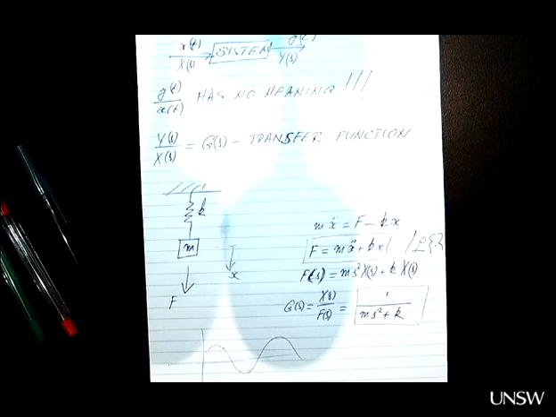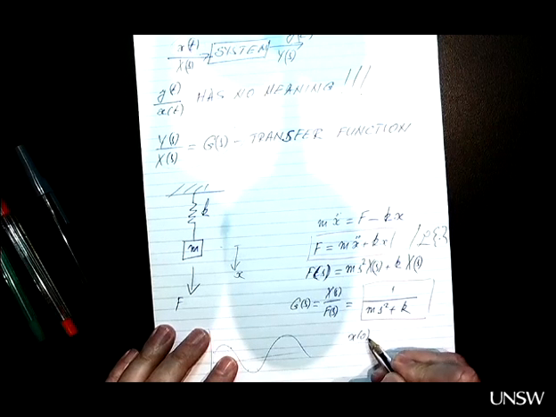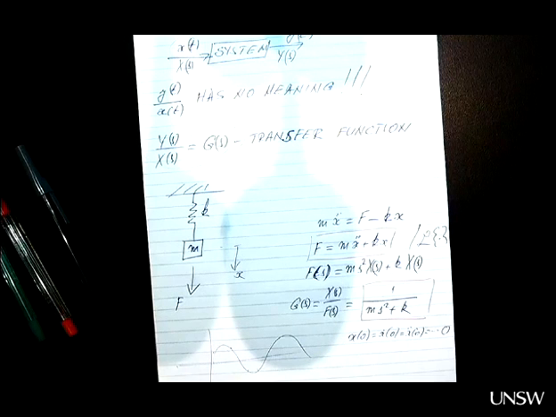Ignore initial conditions. Find the transfer function with all initial conditions equal to 0. All initial conditions are 0. That's where this transfer function applies.